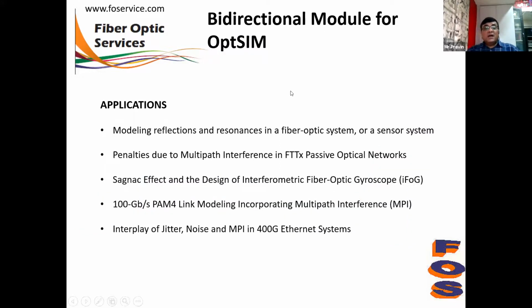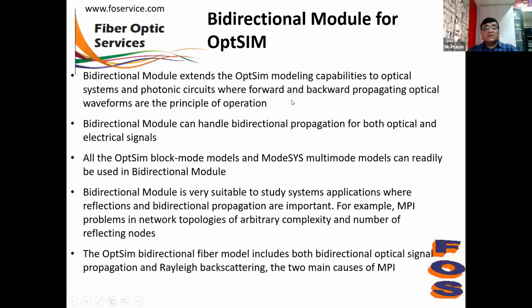This is the bidirectional module for OptSim, because in some cases where the links are very short, particularly, let's say, the data center links or the PICs, where links are on the order of microns, you need to simulate the back reflection from every joint of the waveguide.